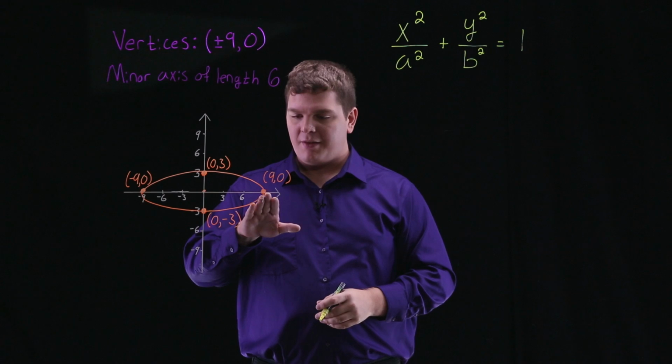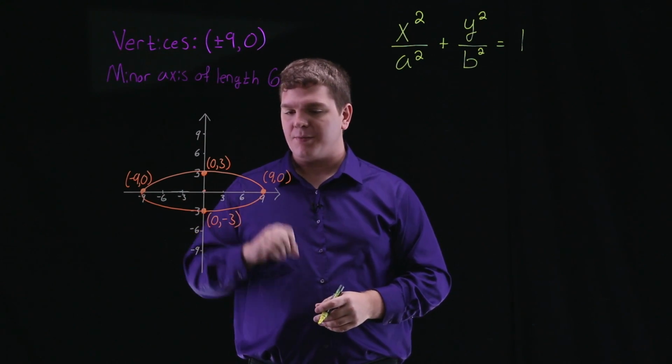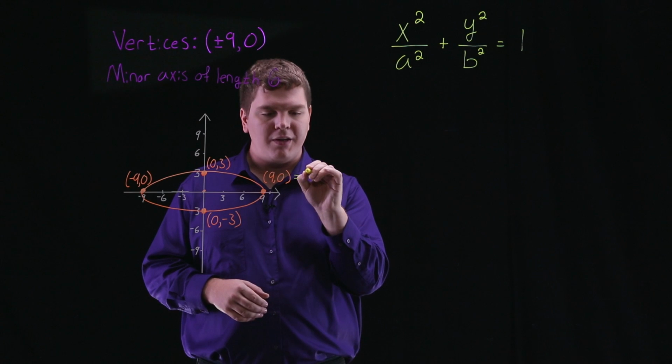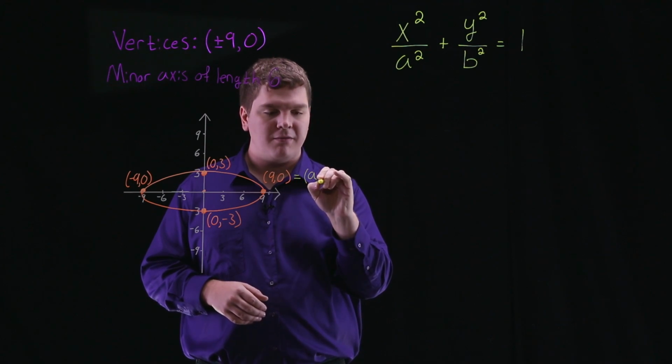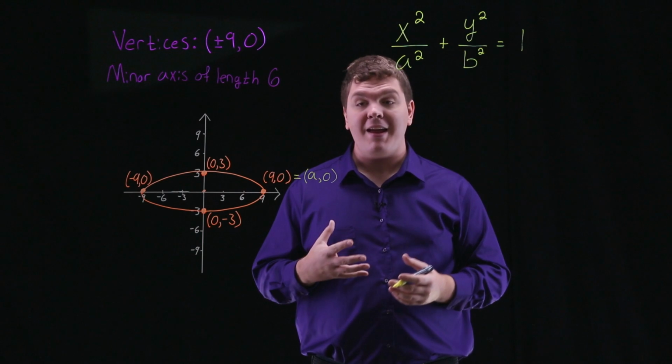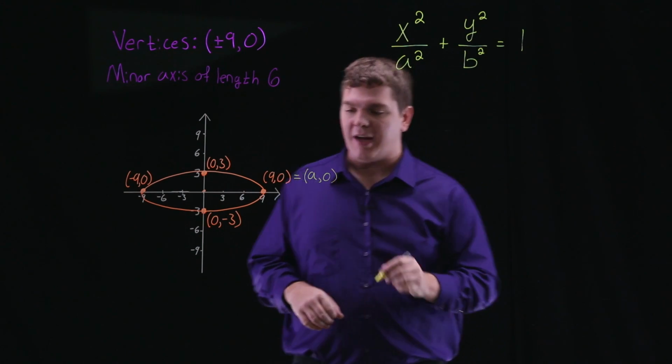Looking at these points on the major axis, we know this point 9, 0 is going to be the point given by a, 0. So what this tells us is that a is actually equal to 9.